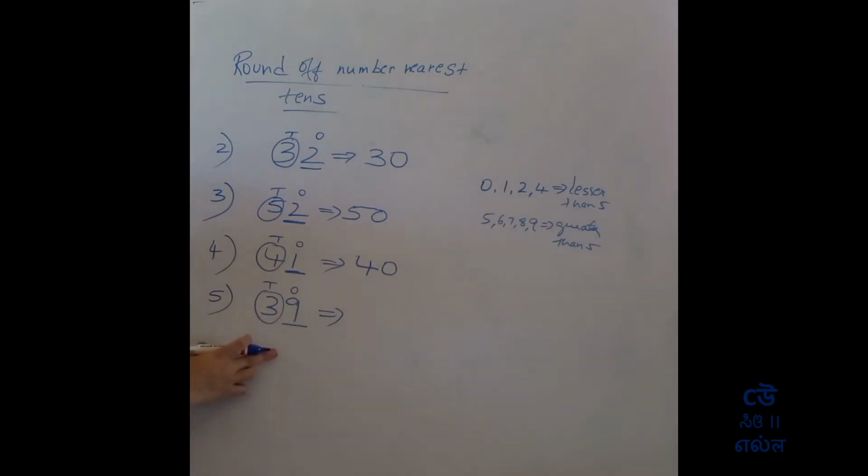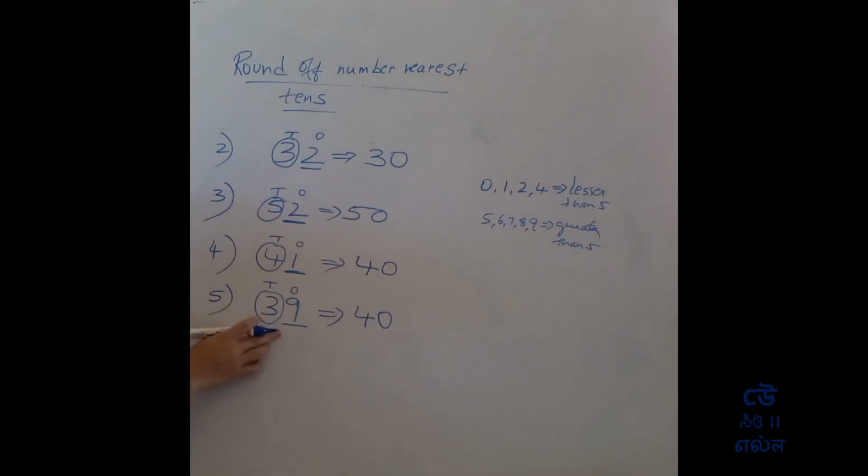If it is greater than 5, we have to add one number in the tens place. We have 3, and we have to increase it by one. So 3 plus 1 will be 4. We increase the tens place value and the right side value will always be 0.